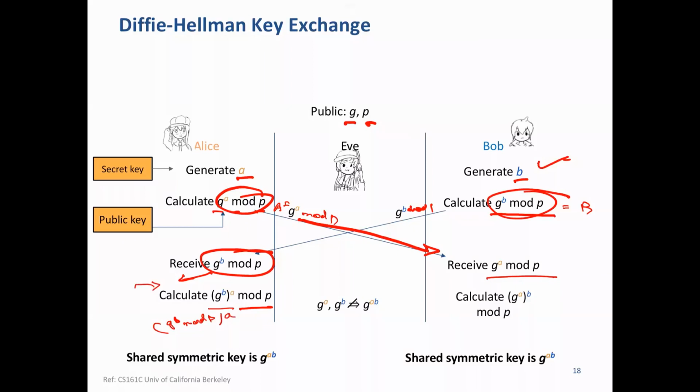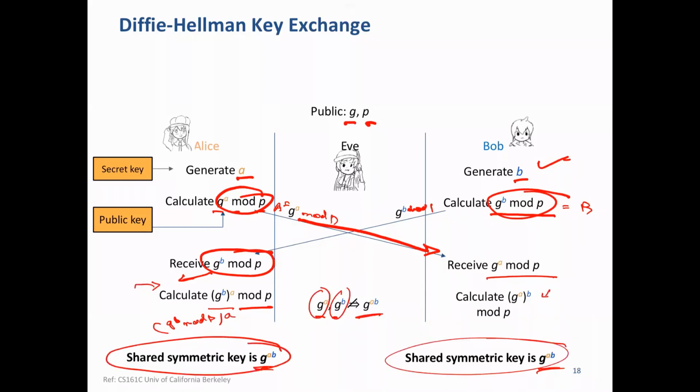Similarly, Bob raises his received number to the power B, getting g raised to the power AB mod p. So both get g raised to the power AB mod p. In between, Eve or Mallory sees g raised to the power A mod p and g raised to the power B mod p, but she cannot create g raised to the power AB. Now both Alice and Bob will have the same key. Any question?